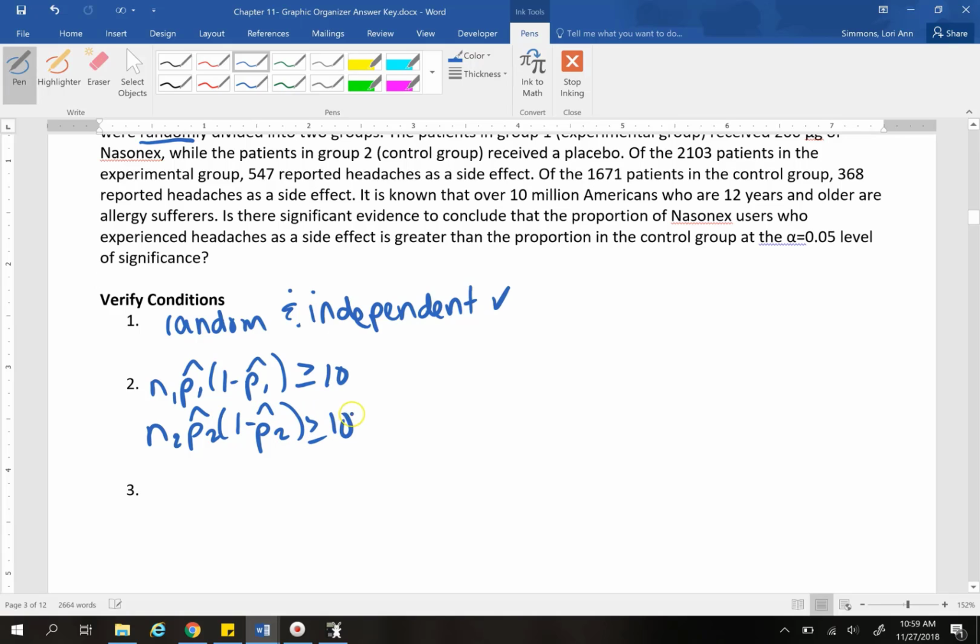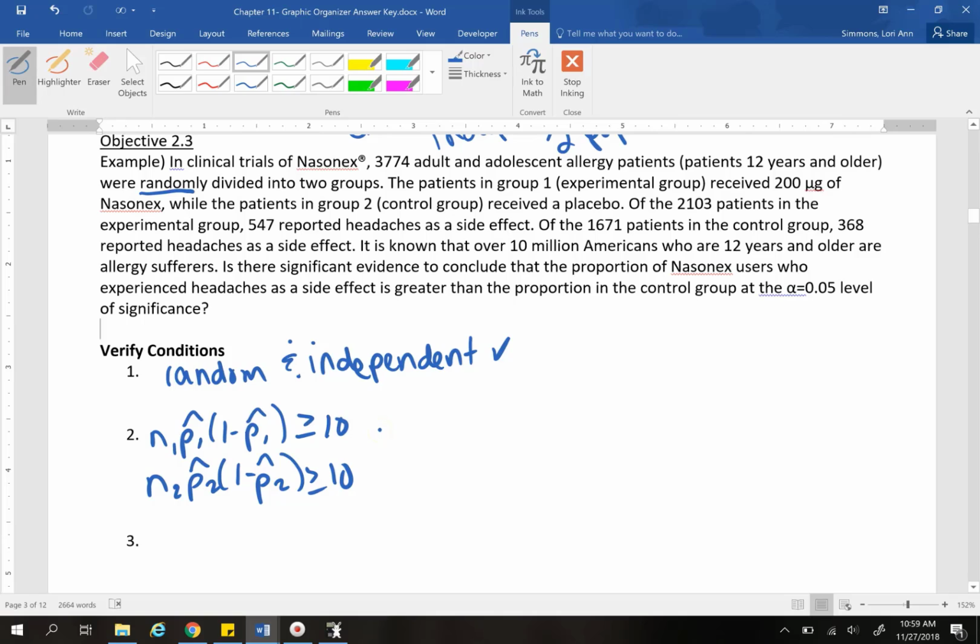So let's pick the first group. We had 2,103 patients in the first group. That's our N. And then our proportion is going to be those who reported a headache out of the total. So 547 over the 2103.